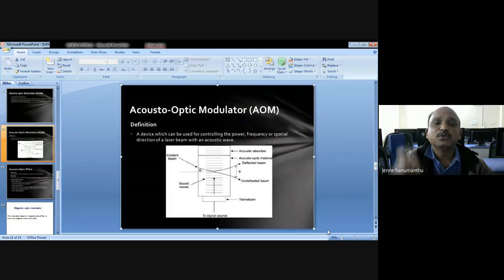The electro word refers to an applied electrical signal, a control signal. With this control signal, by varying the voltage, the input laser beam parameters are changed by changing the modulator's refractive index.